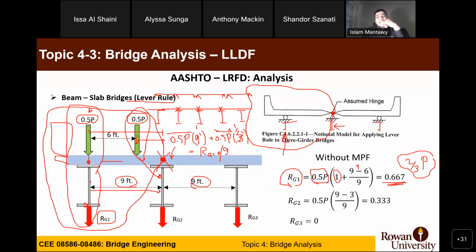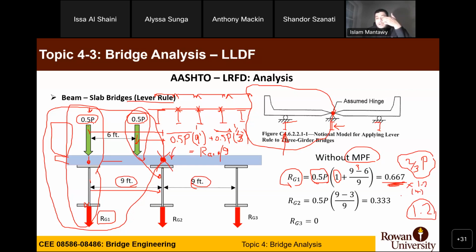And this is actually not counting for the multiple presence factor, right? I have only one truck, and the factor for one truck is 1.2, right? So you have to multiply this factor times 1.2 to account for the multiple presence factor. Correct.